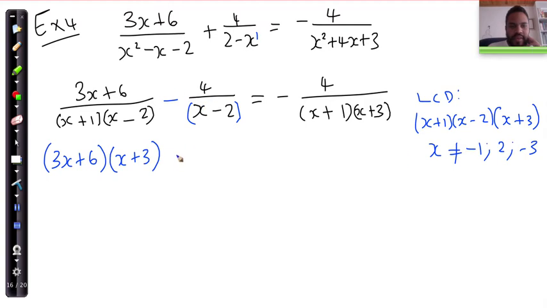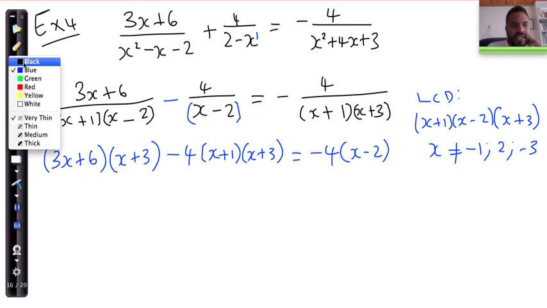I can put down my minus 4 over there. The x minus 2 will cancel out, and I'm left with x plus 1 times x plus 3. Then I've got my minus 4 on this side. The x plus 1 cancels with x plus 1, the x plus 3 cancels with x plus 3, and what I'm left with is x minus 2.